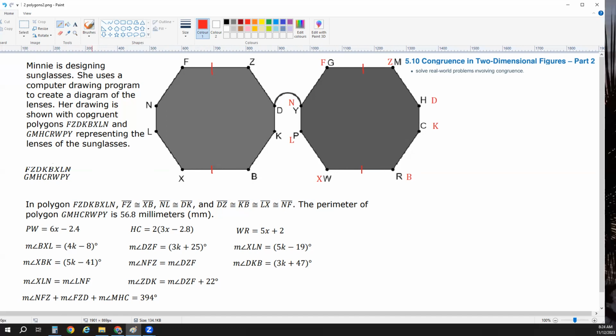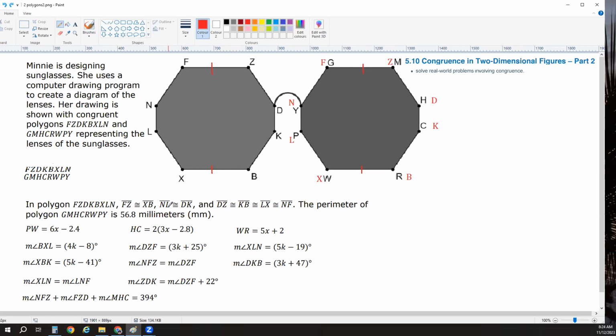So the order in which the letters line up matters. Like so, BX is congruent to RW. That's why I stacked it like that, so you can make sense of it easily. So that's why I can say those two things are congruent.